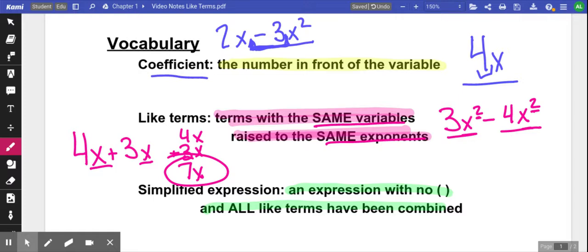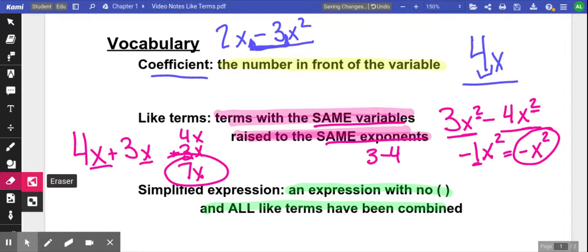So we need to think, okay, 3 and that negative 4, 3 minus 4, we've got a negative 1x squared, which we know is the same thing as just negative x squared. When we've got a 1 as a coefficient, we don't need to include it in our final answer. All right, but if it helps when you see a negative x, you can always include that little 1 in there just so you remember what that means.